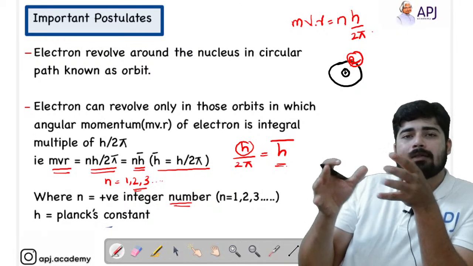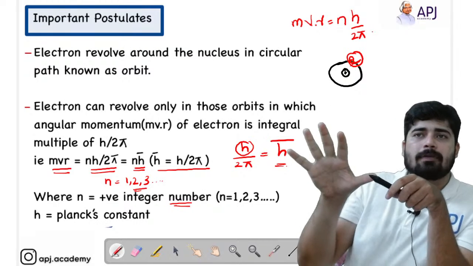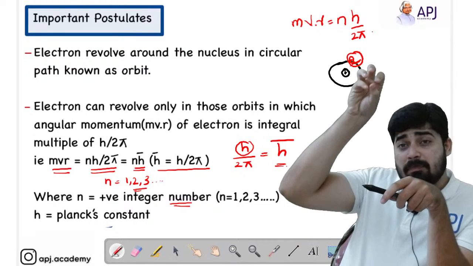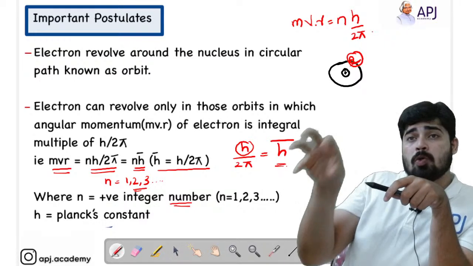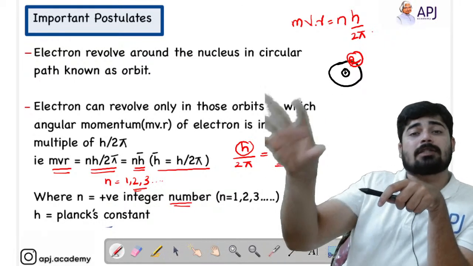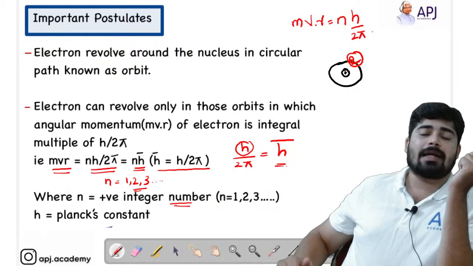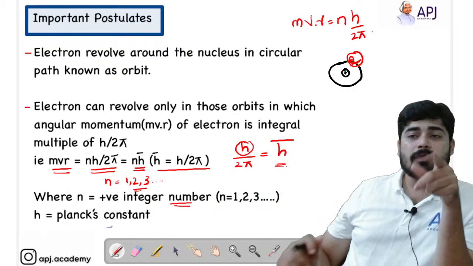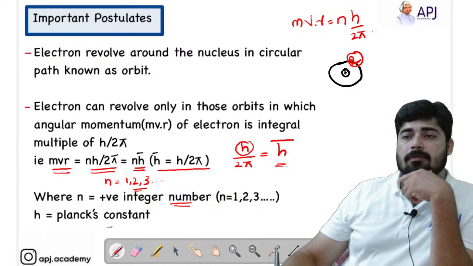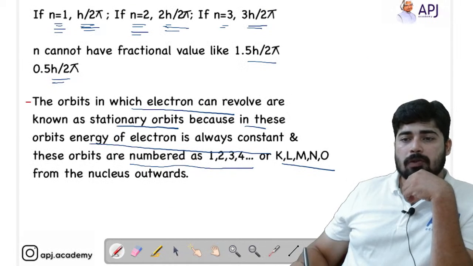He told that the electron can only be present in those orbits whose angular momentum is n h by 2 pi. But from where he got this h by 2 pi, he couldn't explain. So that was one of the drawbacks of the Bohr model. Now let's move on to the next one.